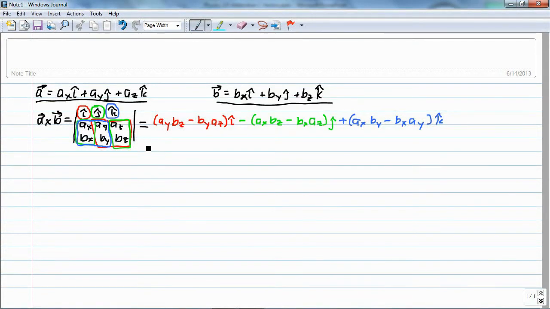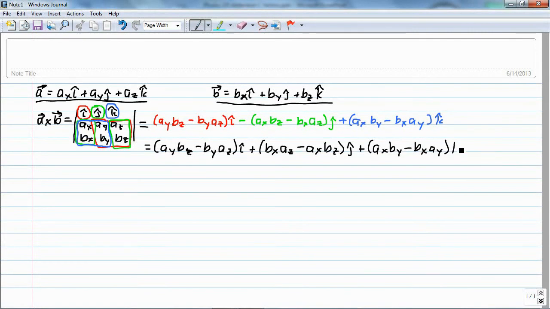And so that would just give me ay bz minus by az i hat plus bx az minus ax bz j hat plus ax by minus bx ay k hat.